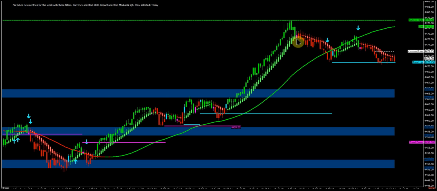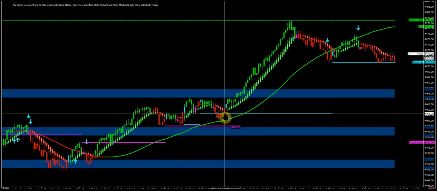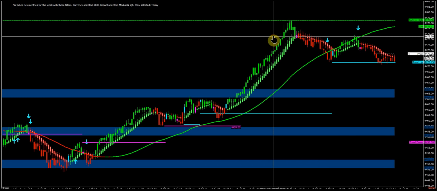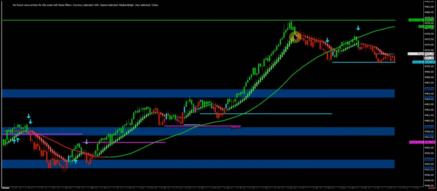Basically, you can get out of your trade there. You're not going to lose any money. You're actually making money. 44.61.25 down to 44.75, 44.76, anywhere in here.